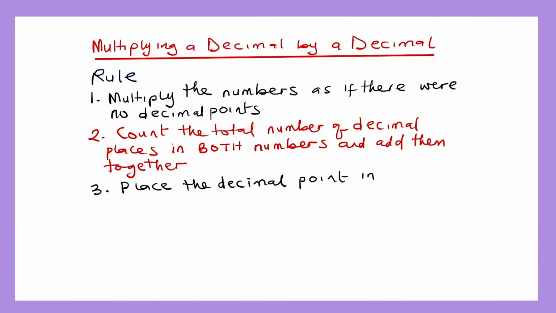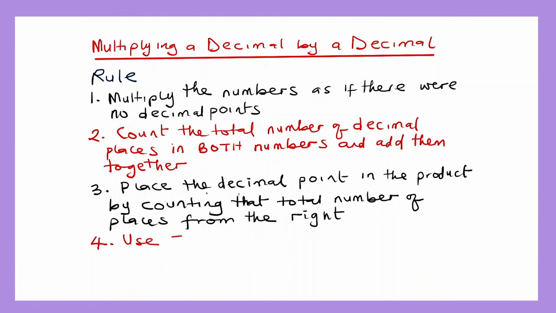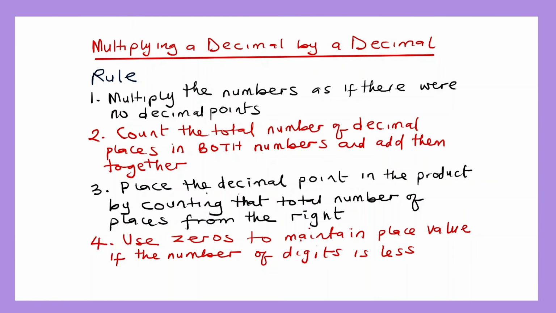Place the decimal point in the product by counting that total number of places from the right. And 4. Use zeros to maintain place value if the number of digits is less than the number of decimal places. The following examples will buttress these rules.